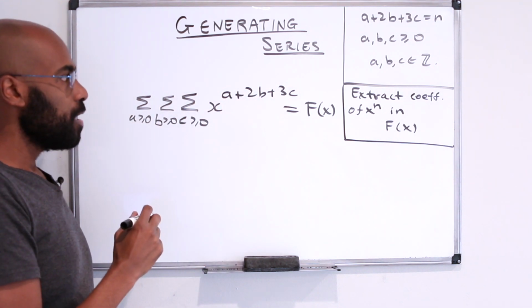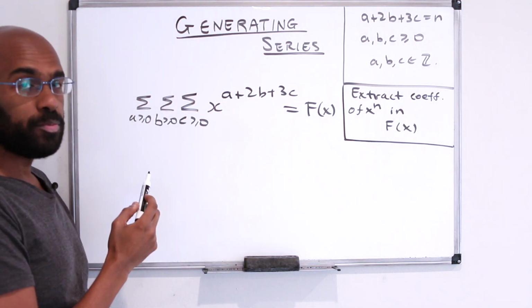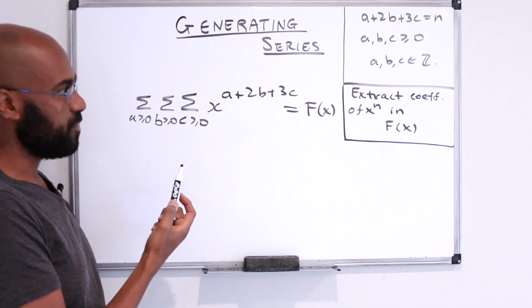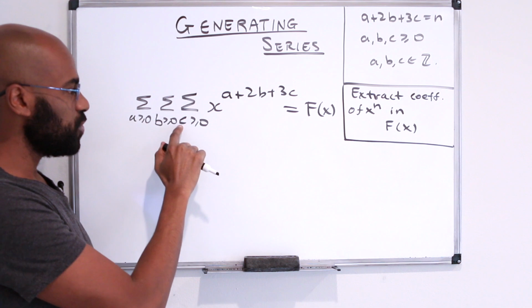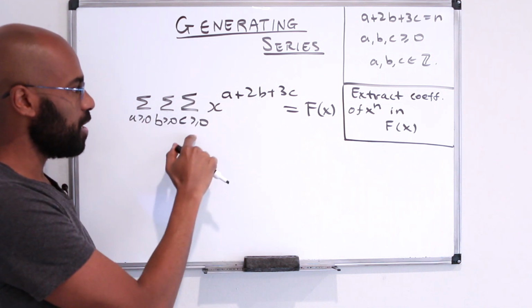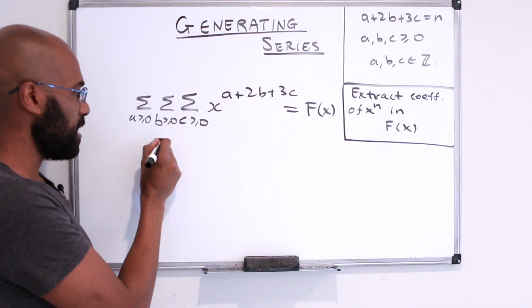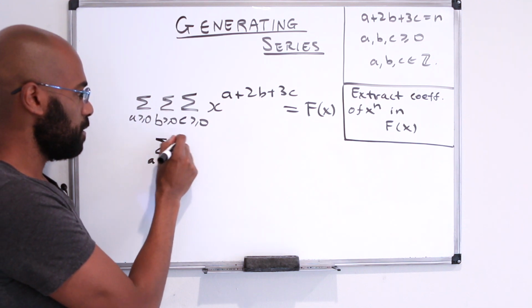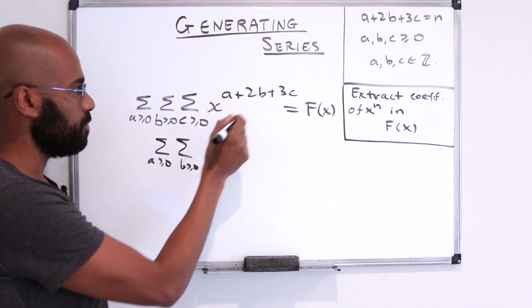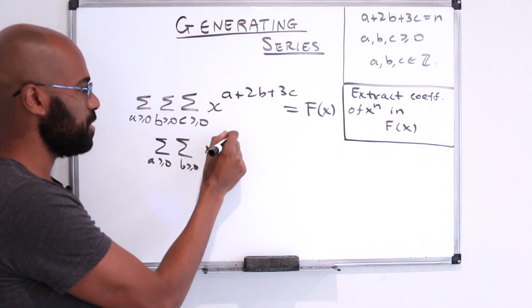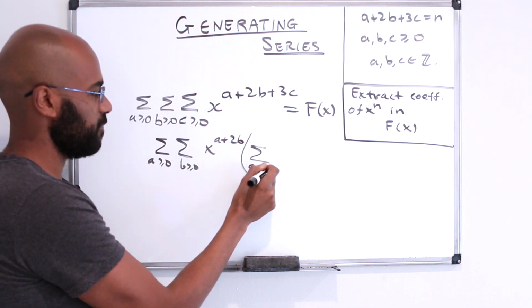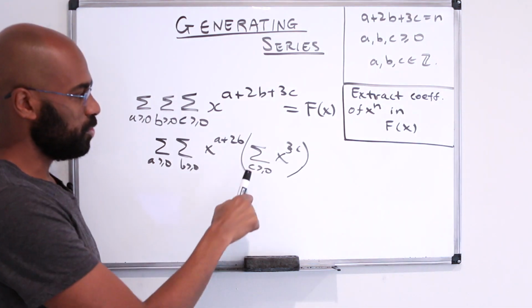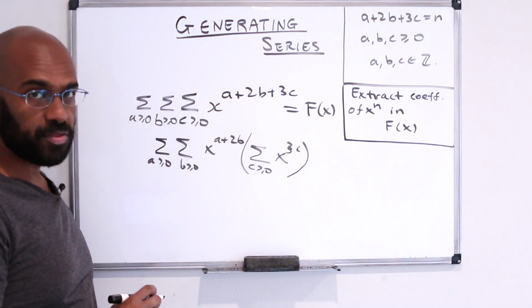All right, so to start, one thing that would be good, and this is something we also did in the previous videos, is to write this in a more compact form. First you notice that this inner sum depends only on c. So we can take out the other terms in the sum, which is x to the a plus 2b, and then have this series for c, which is the sum c greater than or equal to 0 of x to the 3c.